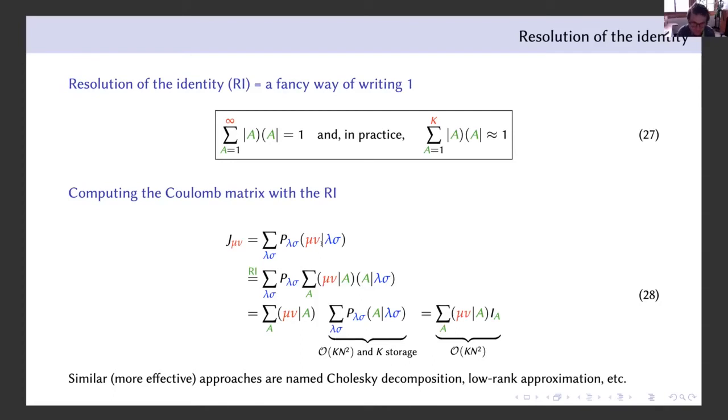And he's right. That's what we call the Coulomb matrix or overlap matrix for the resolution of the identity. When you write that expression here, you can generalize it for any two-electron operators, actually all nicely behaved two-electron operators.